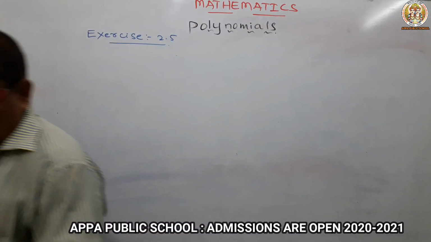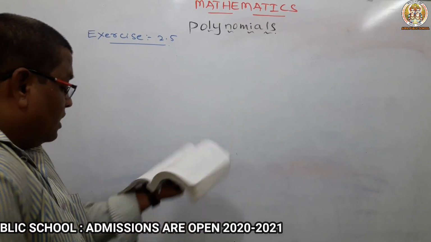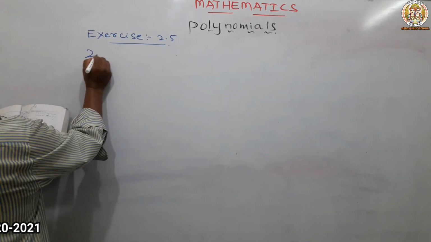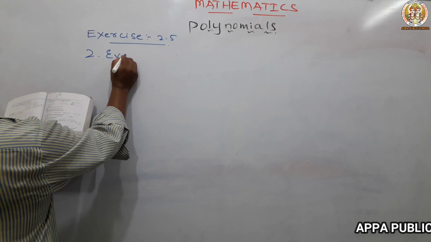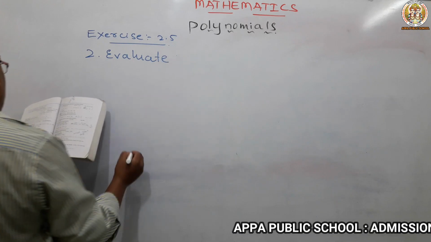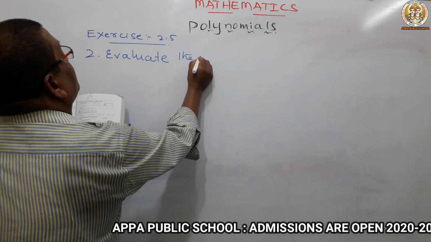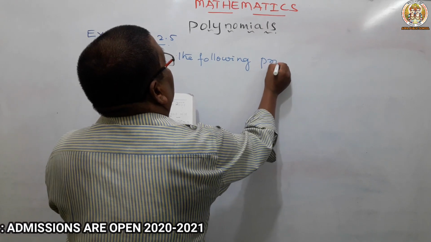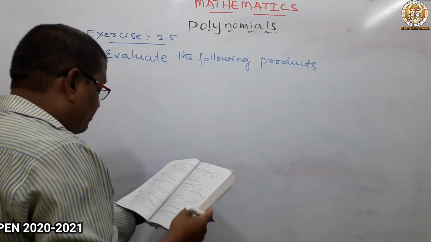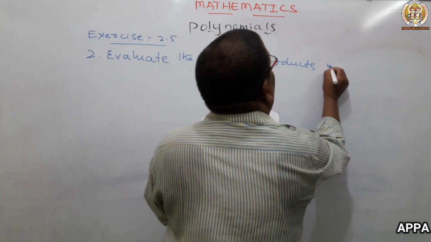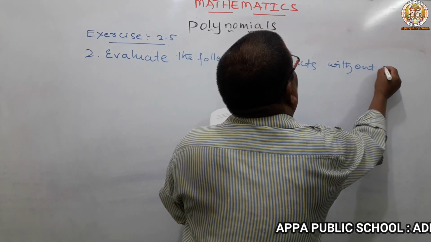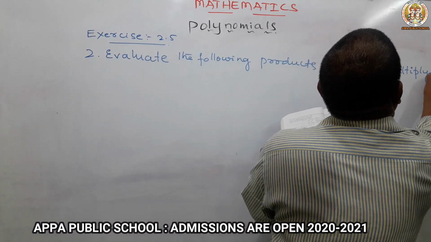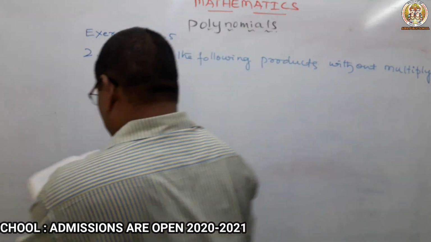What is in the second one? Evaluate the following products without multiplying directly.